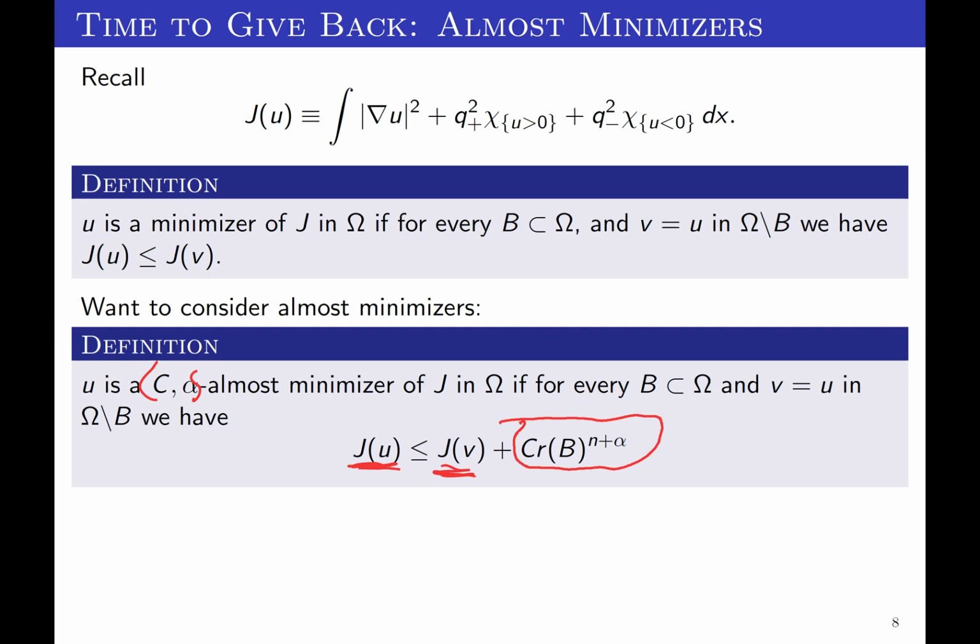And this error decays faster than the energy of J in the ball. So you should think of J restricted to the ball as being roughly of the order, the radius of the ball to the n. Right? So this error is going to zero faster than that, r to the n plus alpha.